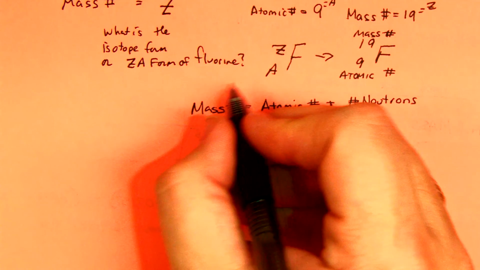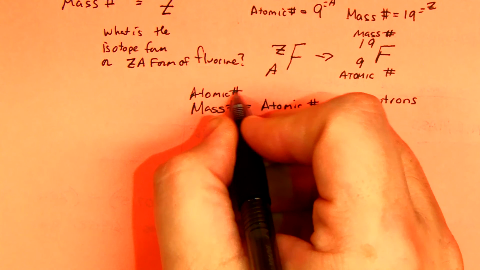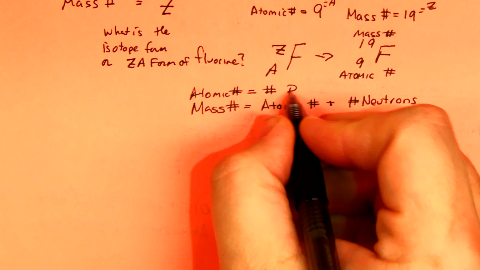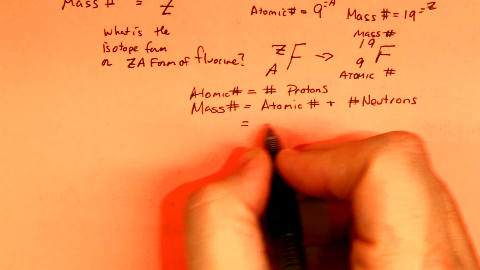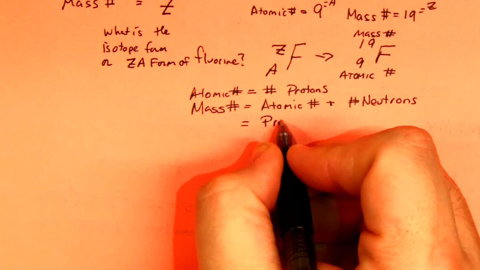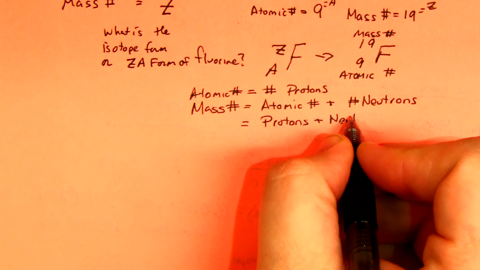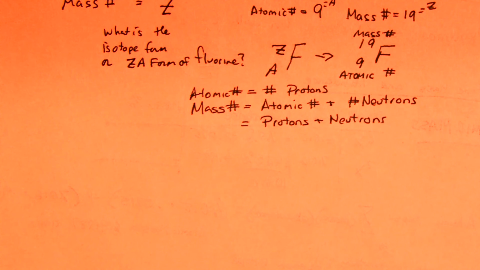The number of what? Protons. So you could say that the mass number is equal to protons plus neutrons. And that's why the mass number can change, because if we go with different isotopes, you can end up with different types of mass numbers.